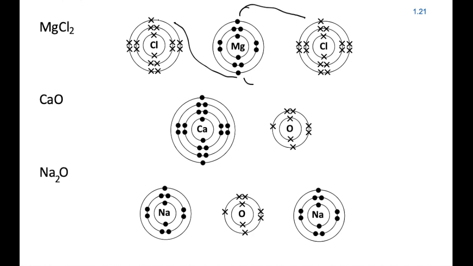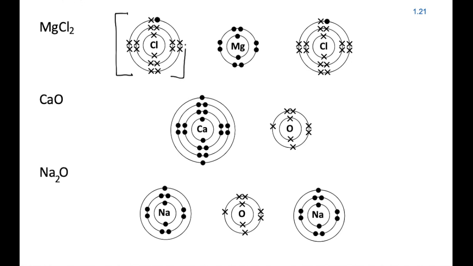Each chlorine will gain 1 electron, and so what this does is turn each chlorine atom into a 1- chloride ion.